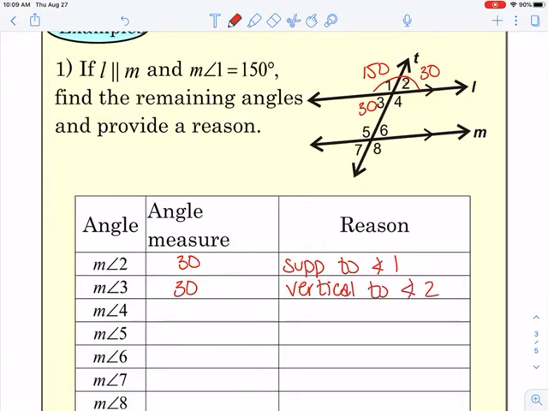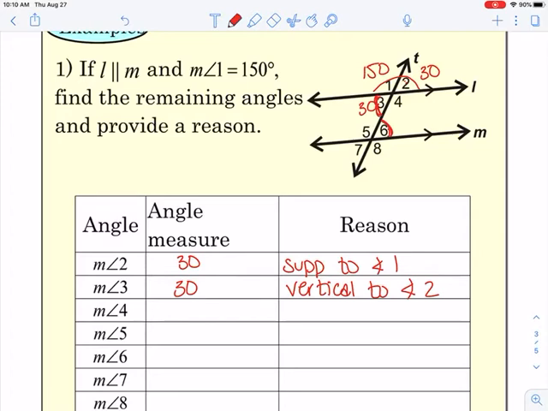Okay, I'm going to skip over 4 for a second because I want to get some other vocabulary worked back in here as well. I'm going to find the measure of angle 6 right now. Okay, so if I look at the measure of angle 3, again, these two angles are on the inside of the sandwich. One's on one side of the transversal, one is on the opposite side of the transversal, one is from the top, one is from the bottom.